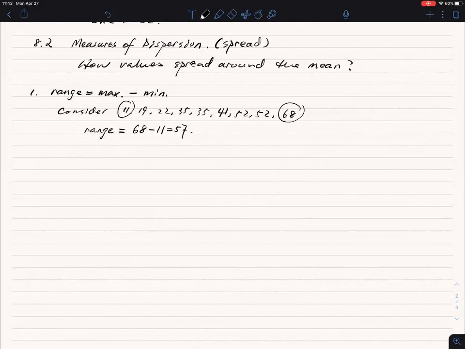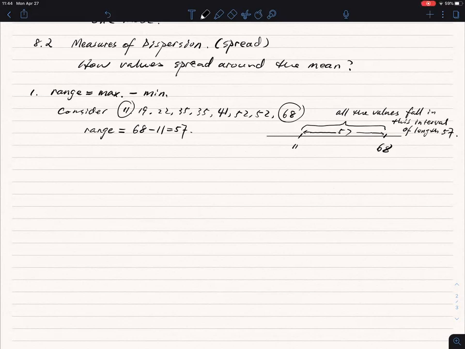If you draw a number line, you have 11 here and 68 here, this distance is 57, and all the values fall in this interval of length 57.